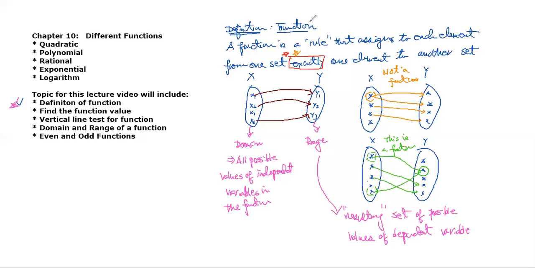So exactly one element, and we can write this function as f of x equal to y. And this one is not a function, because one x goes to two y's, so we don't know what the function value is.